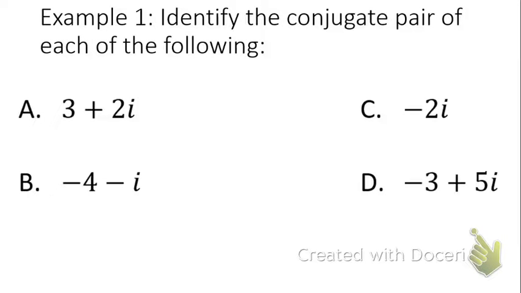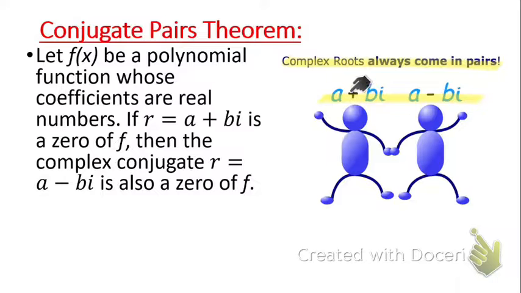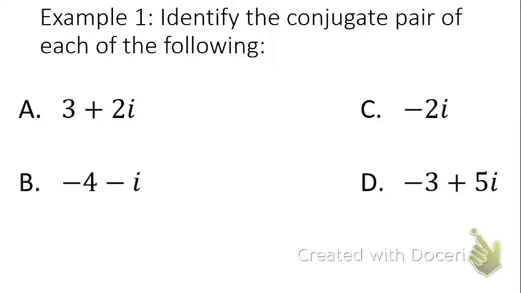Okay, so keeping in mind what that theorem says, if you have A plus Bi, you also have A minus Bi. So notice what is changing here is that middle sign. That's how you form your pair. So what do you think the pair would be for 3 plus 2i? 3 minus 2i.